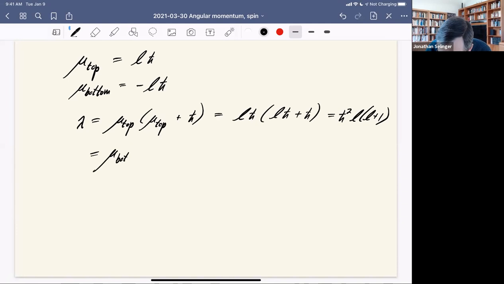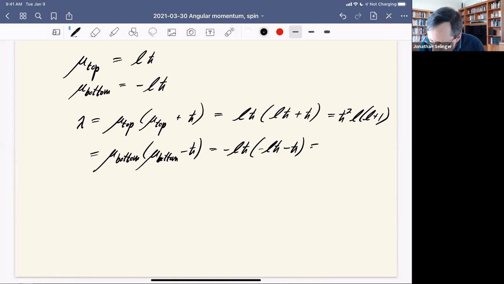Let's see if it works. Mu bottom times mu bottom minus h bar. So that's negative L h bar times negative L h bar minus h bar. And the minus signs cancel and it's still the same thing. H bar squared L times L plus 1.